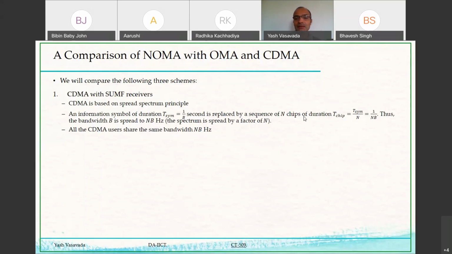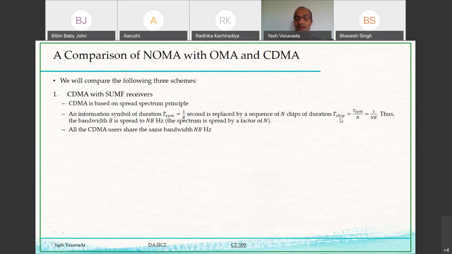And these chips are of a smaller duration. T chip is T symbol divided by N. We want to fit this signature sequence or spreading sequence of N chips over the same symbol duration.